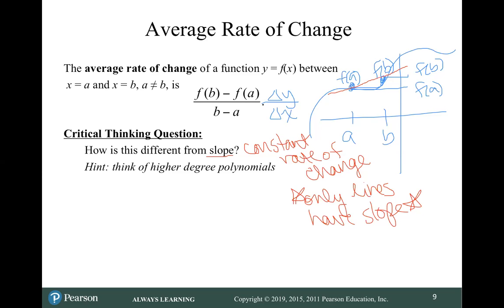So that's linear functions, okay? When I have a higher degree polynomial, think about the blue curve that I drew, okay? That does not have a straight line between those 2 points. So my average rate of change doesn't tell me anything about the rate of change at any point on that function. It only tells me the average between those 2 points.